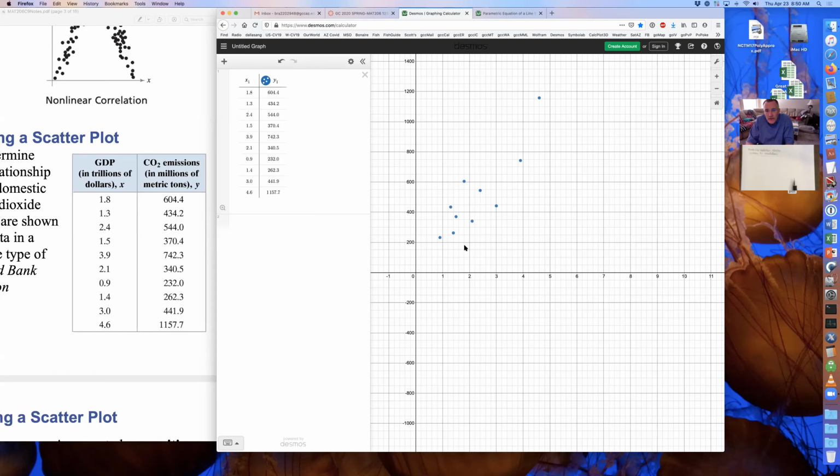But it doesn't look like these points are really tight to a line, right? They seem to be sort of following, but not so much. And so you'll have to get a little practice with this, but what most statisticians would say is that there appears to be, maybe not a strong linear relationship, but maybe a medium or a weak linear relationship.